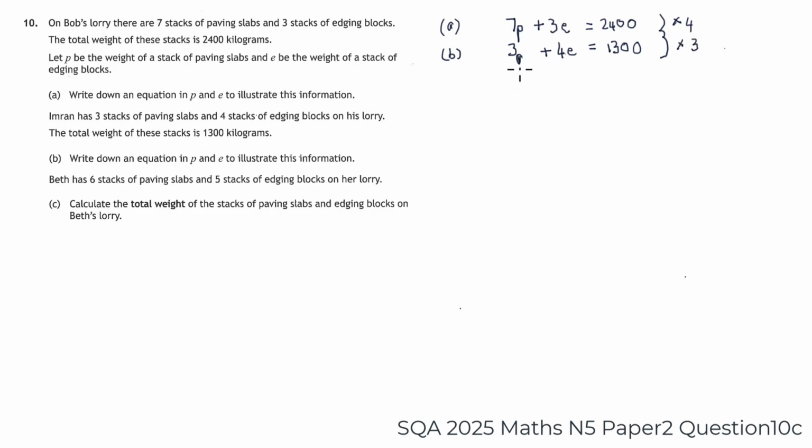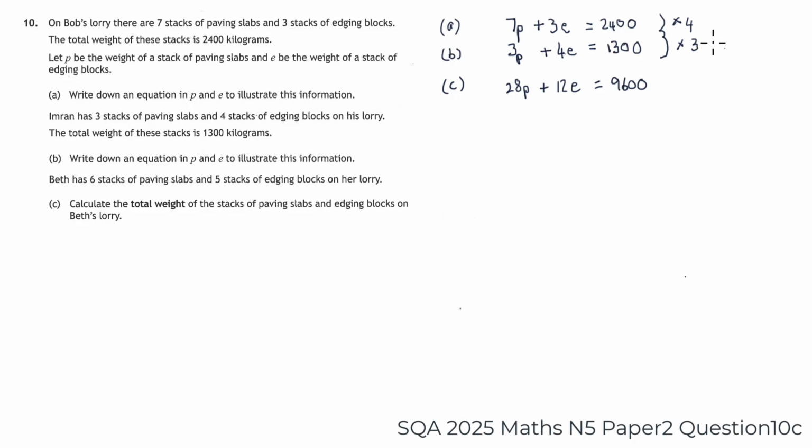So let's multiply both sides of equation 1 by 4. So 4 sevens are 28, 4 threes are 12. That's both terms multiplied by 4. And then 4 lots of 2,400. Now you do have a calculator, so 9,600. You should use your calculator just to double check that.